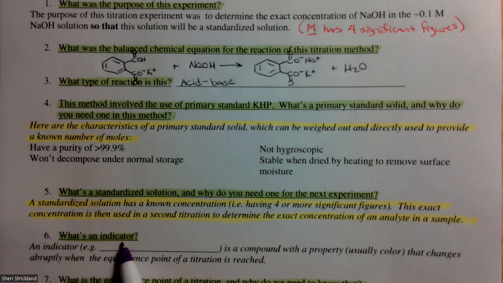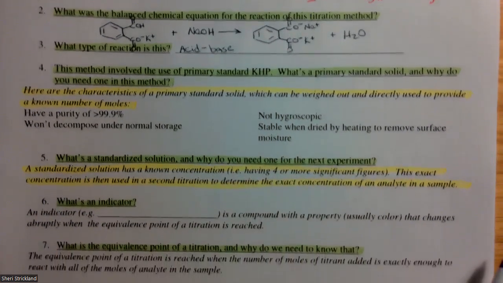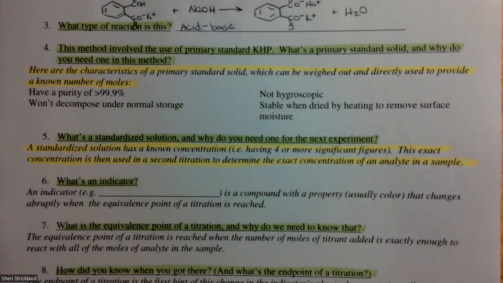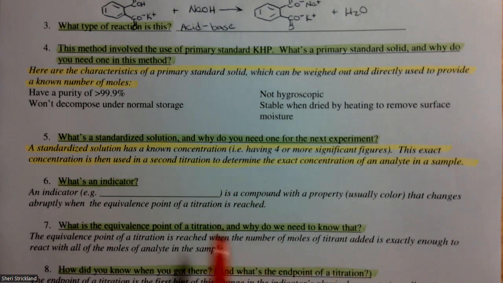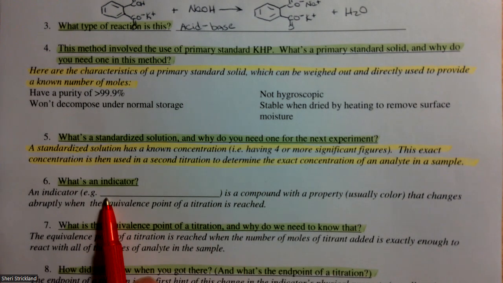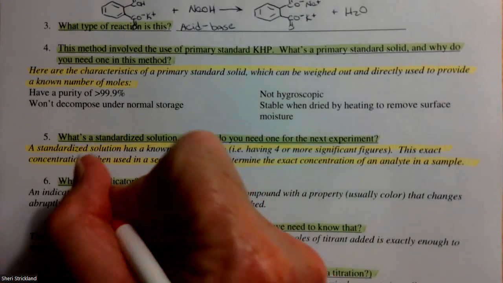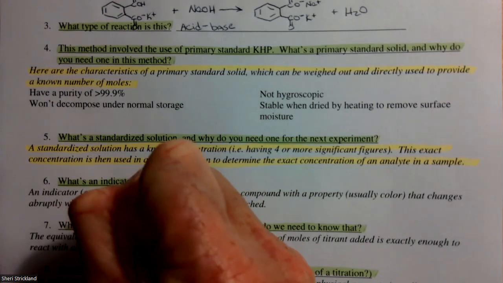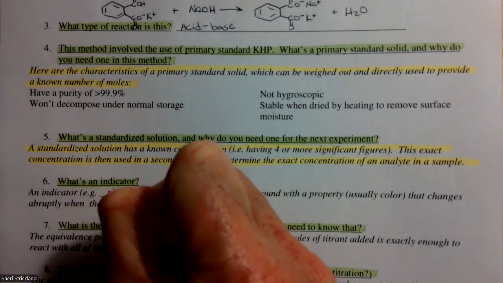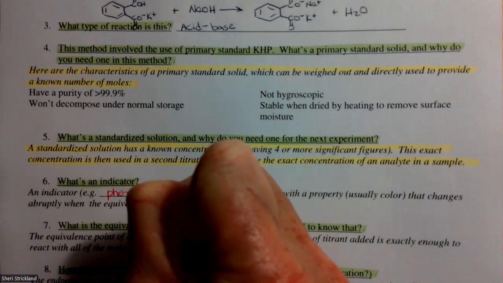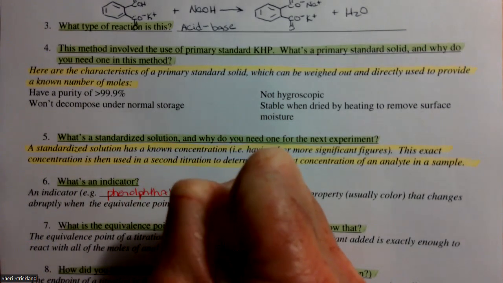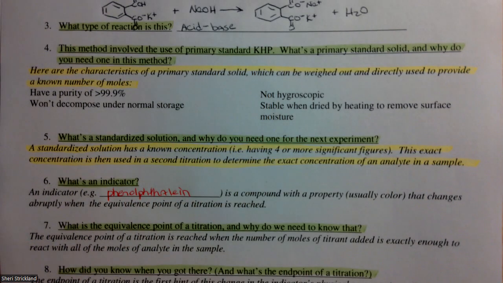This is also going to involve having an indicator. And in these 2 titrations, the standardization of the sodium hydroxide solution and then the use of the standardized solution to determine the unknown percentage of KHP, we use phenolphthalein. And phenolphthalein is probably the best known acid-base indicator.